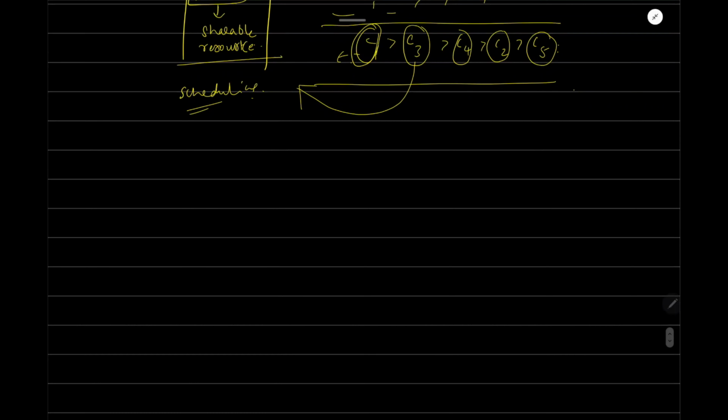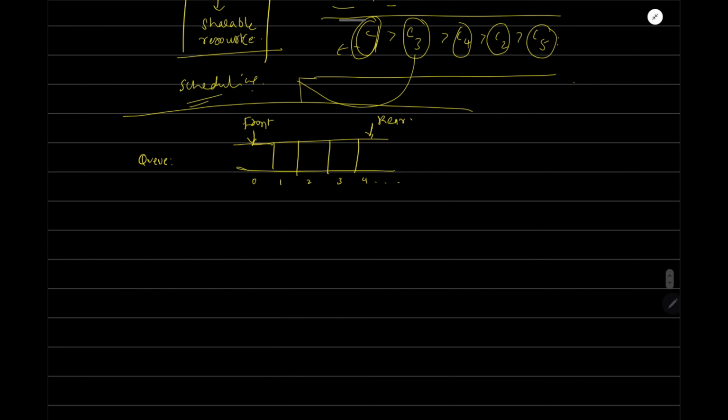The simple logical representation of a queue will be this way. There are multiple elements. The first element is known as the front, and the last element is known as the rear. If we are using arrays, the array will be with indexes of this type. And here we will be inserting the elements, like 10, 20, 30, let's say 40, 50.